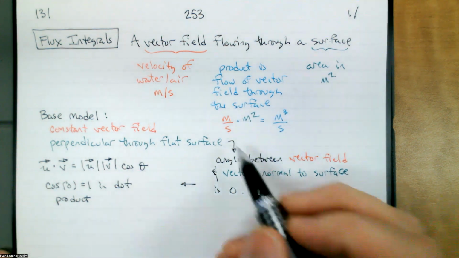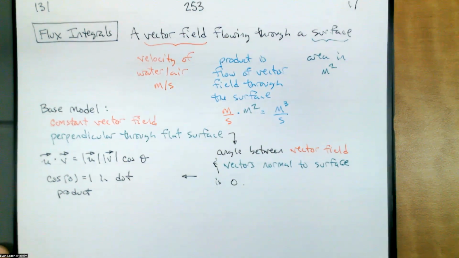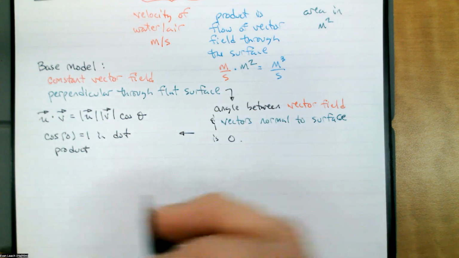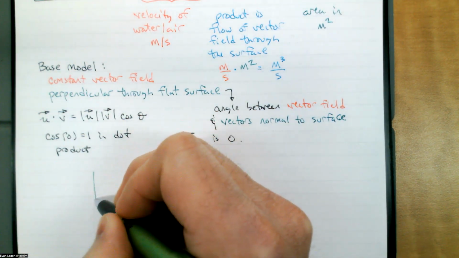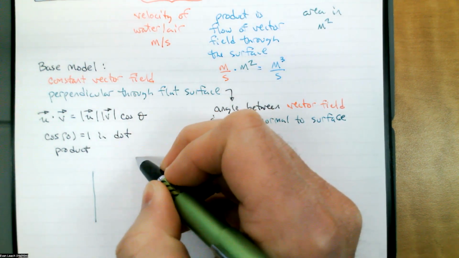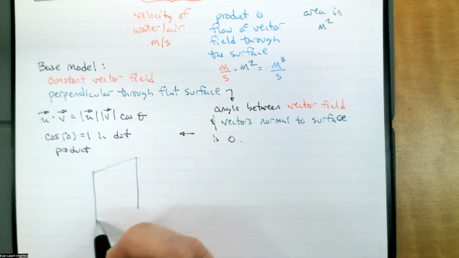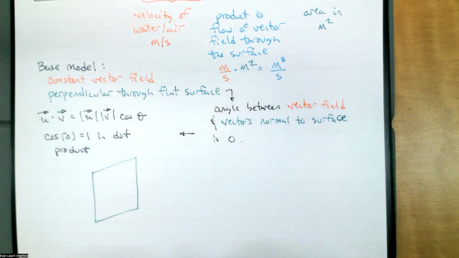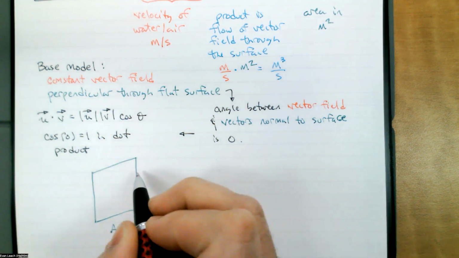So this is based in multiplication of the vector field flowing through the area. So I have a whole area, and we have a vector field flowing through it.